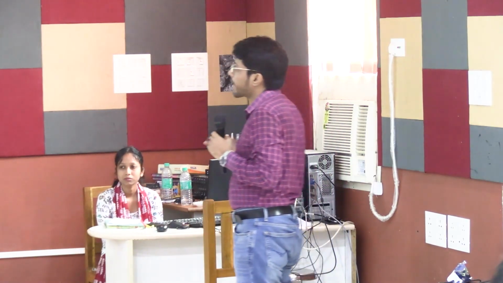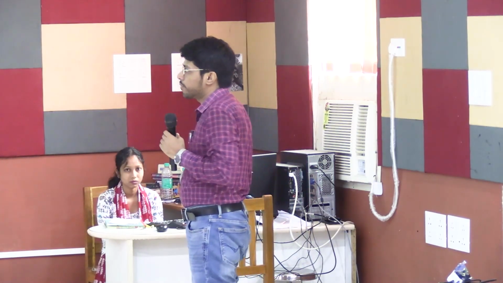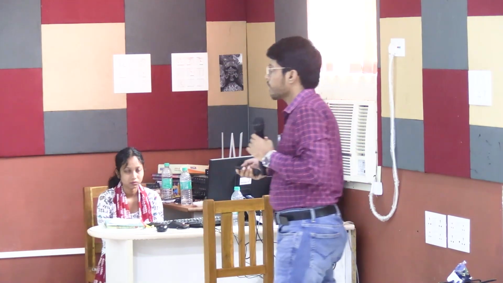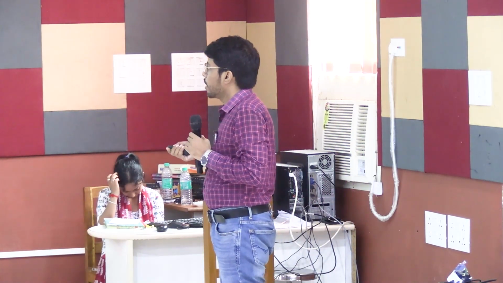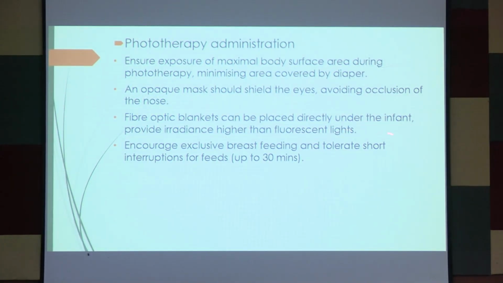Now, how to give phototherapy? Ensure exposure of maximal body surface area. Only eyes and genitalia will be covered because there are chances of retinal damage and gonadal damage. Rest of the body will be exposed to phototherapy. Fiber optic blankets can be placed directly under the infant.